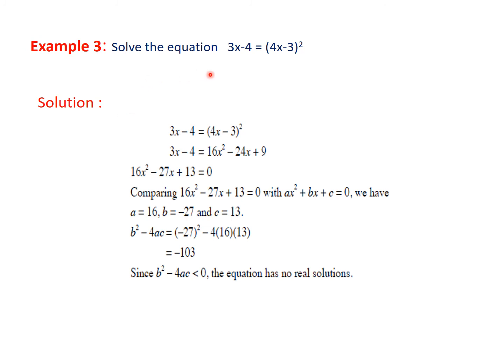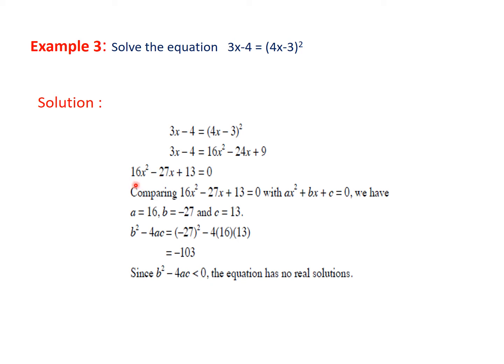Example third is here. Solve this equation 3x minus 4 equals 4x minus 3 whole square. First, we need to simplify this equation. We open the right hand side by using identity, that is a minus b whole square. We get this answer. Then taking these terms on one side and again arranging, keep in mind always try to get coefficient of x square something positive.